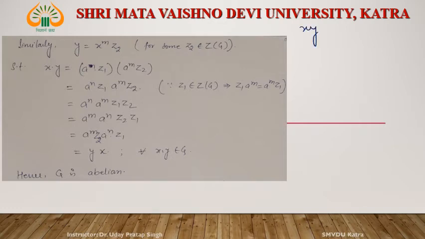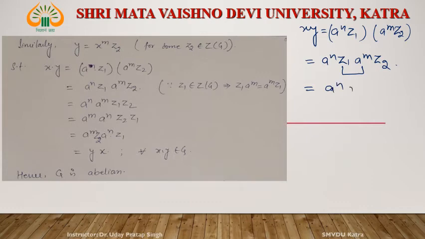This xy is equal to a^n z1 and y is a^m z2. Then this a^n z1 a^m z2 is, what is this? a^n a^m z1 z2.